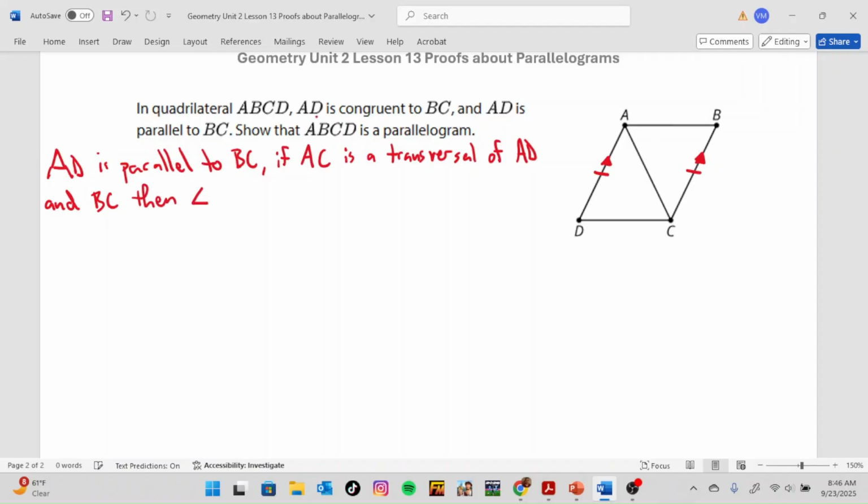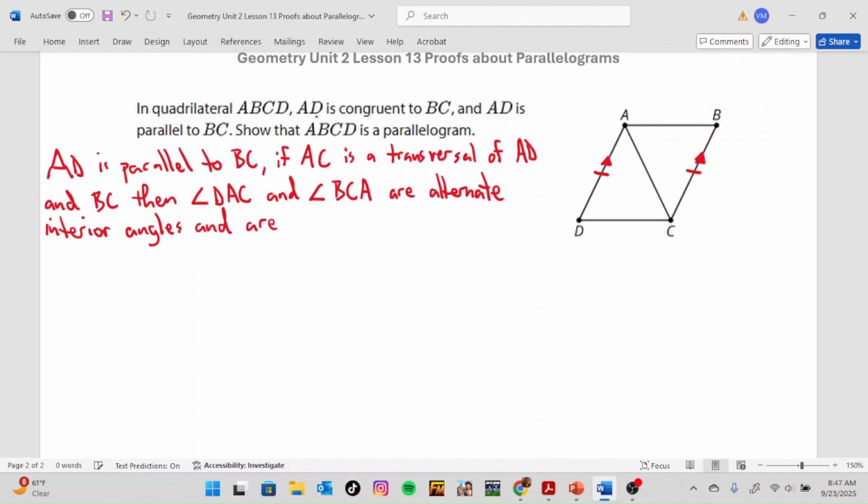then angle DAC and angle BCA are alternate interior angles and are congruent.